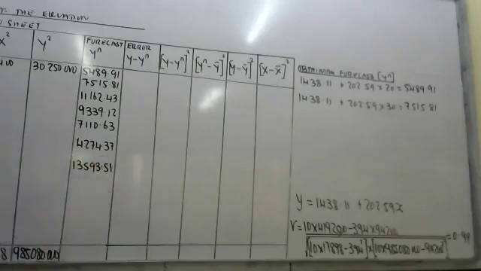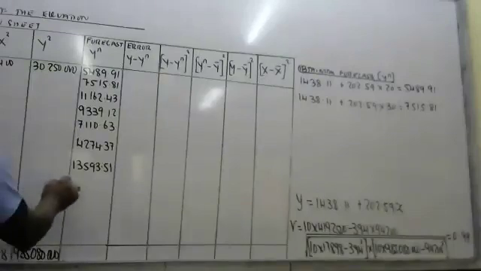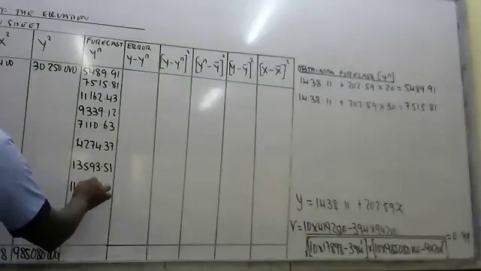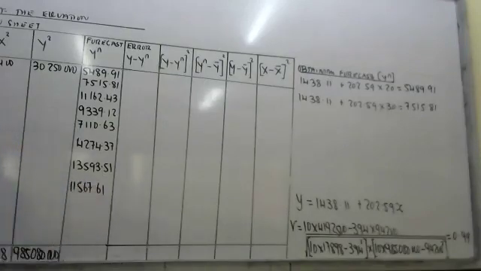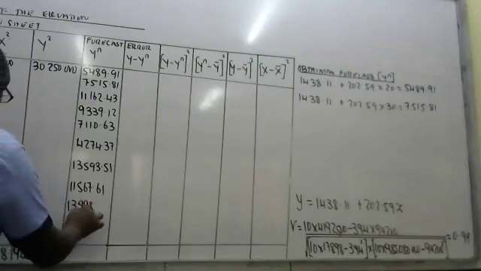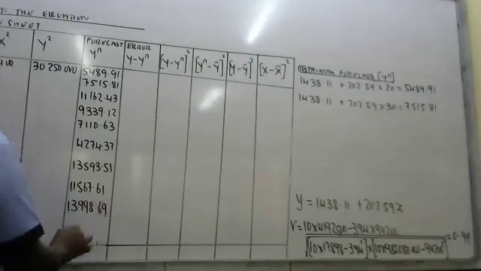Then 1438.11 plus 202.59 times 50. I'm getting 11,567.61. 1438.11 plus 202.59 times 62. It is 13,998.69.